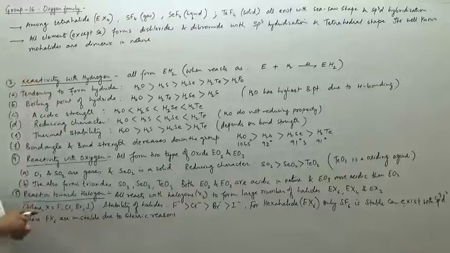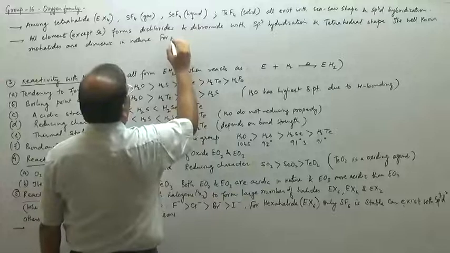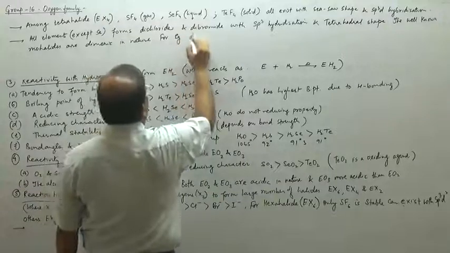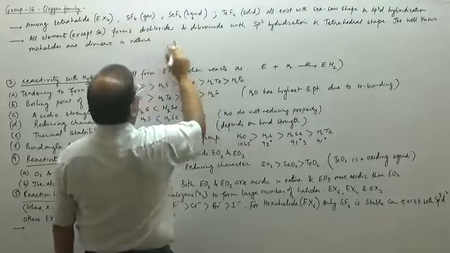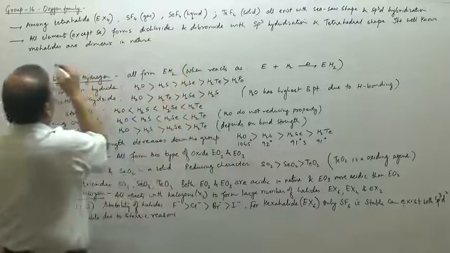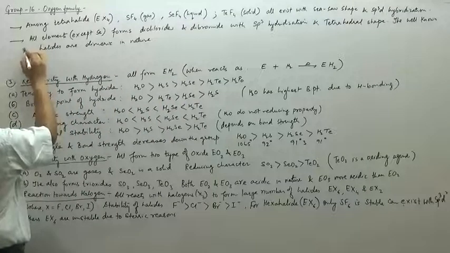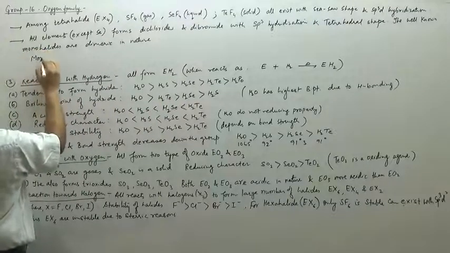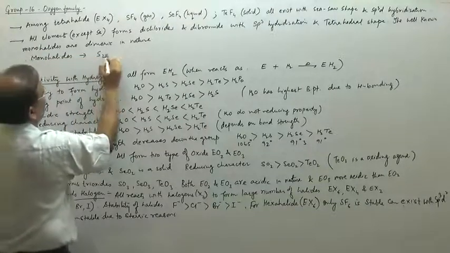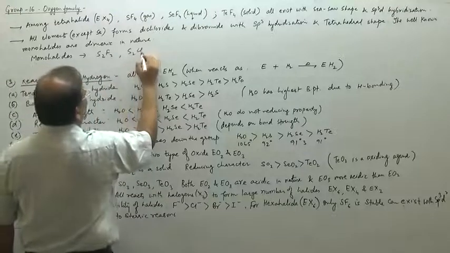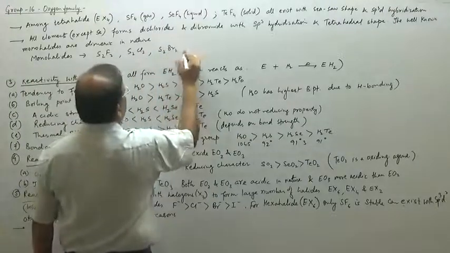For example, the monohalides. The examples of these monohalides are S2F2, S2Cl2, S2Br2.